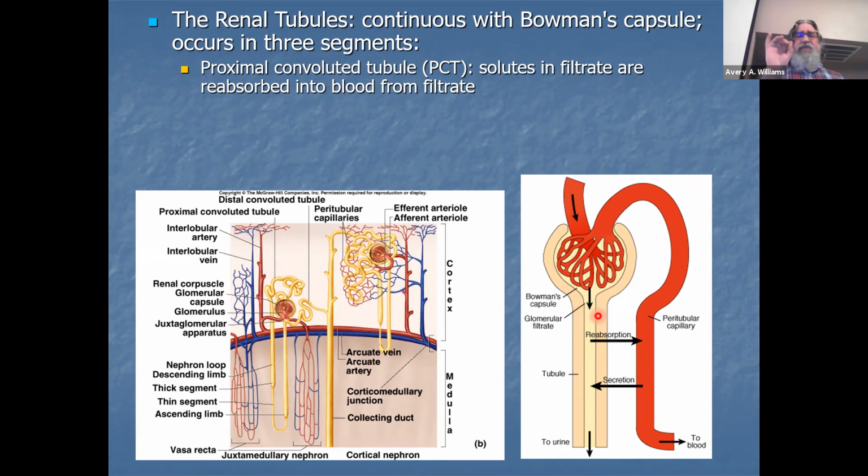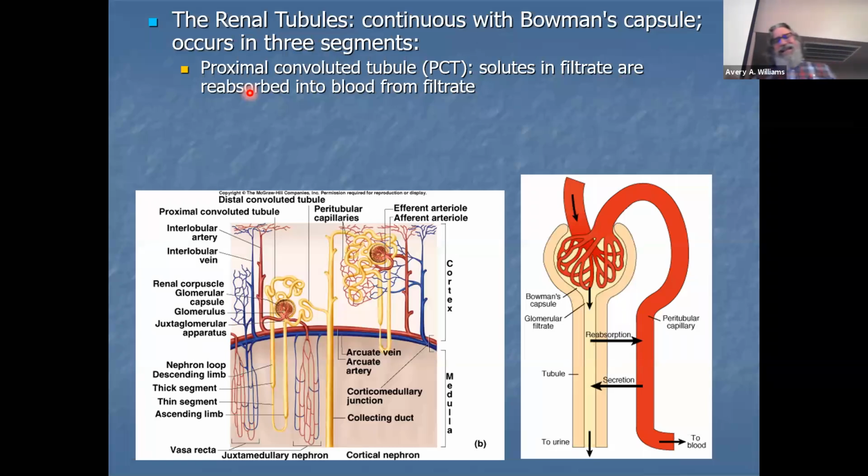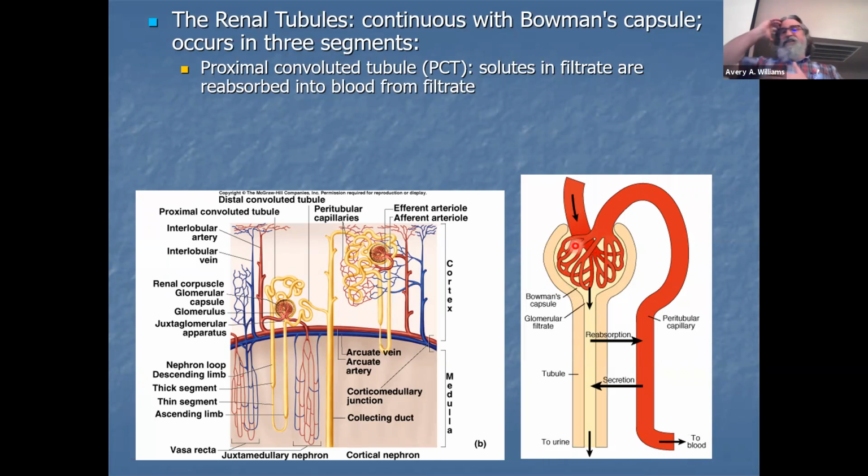Well, it's at the proximal convoluted tubule where solutes in the filtrate are reabsorbed into the blood from the filtrate. Because when the filtrate is initially produced through those filtration slits, it's not very selective. It's just kind of like everything is filtered out, good stuff and bad stuff.